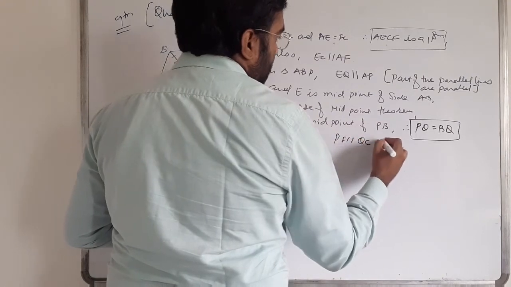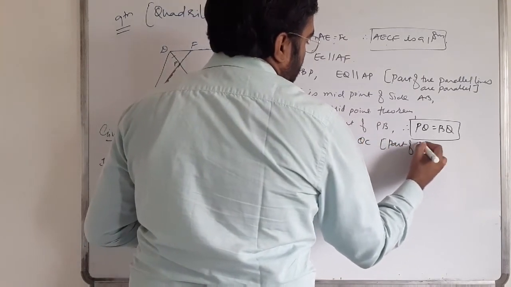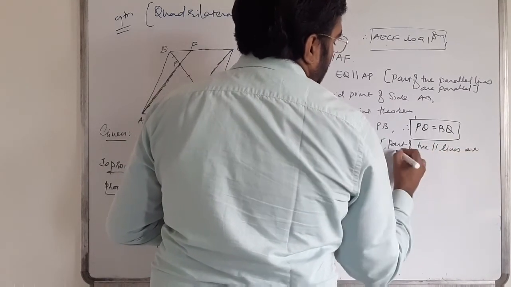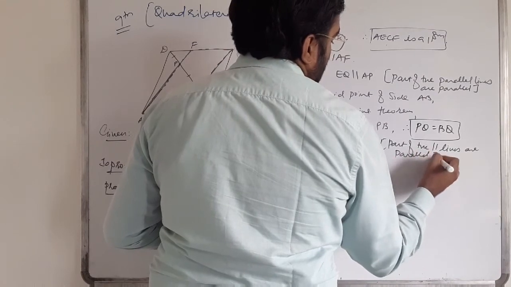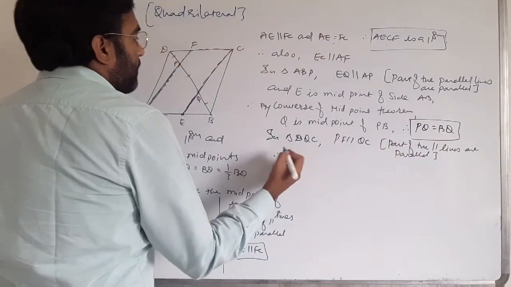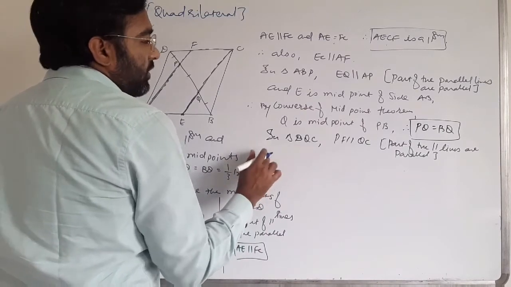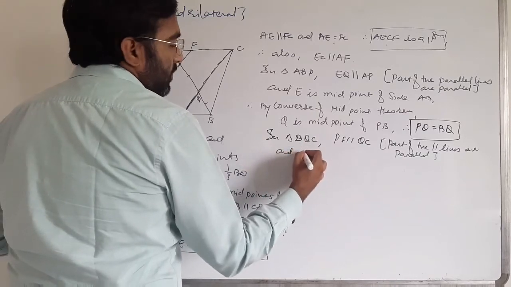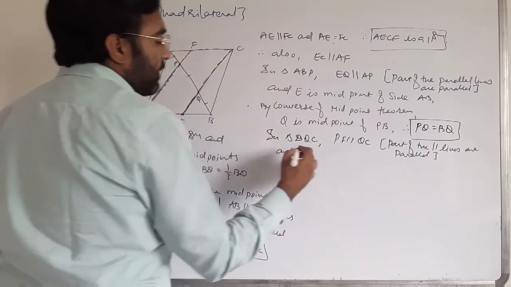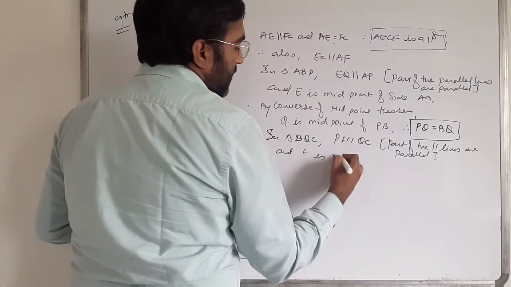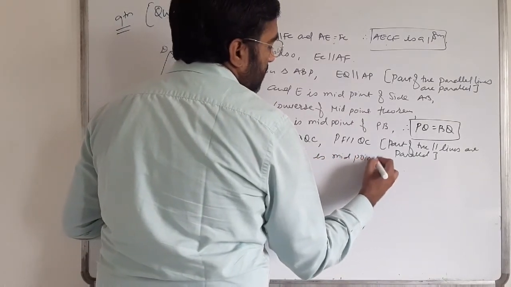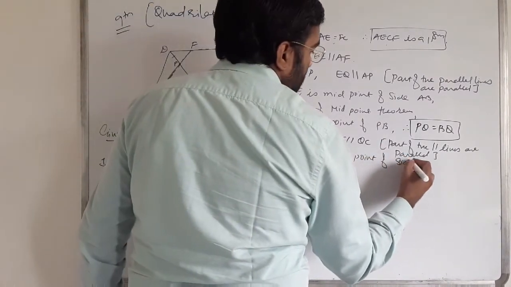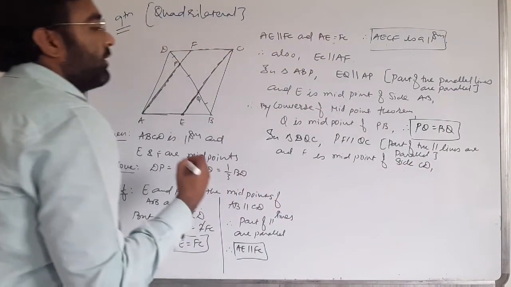PF parallel to QC, parts of parallel lines are parallel. And F is a midpoint of side CD.